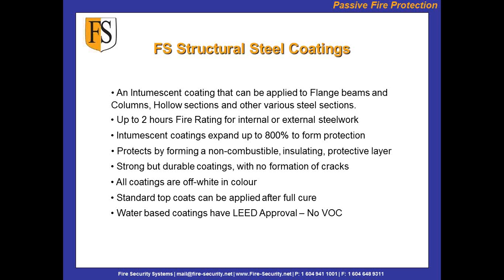And in steel coatings, obviously it's steel, but that's how it non-technically works, I think would be the best description. And as I said, it protects by forming a non-combustible insulating protective layer that eventually chars off over a period of time, and then would hit its failure point of its designated tested time. Extremely strong but durable coating with no formation of cracks at all.